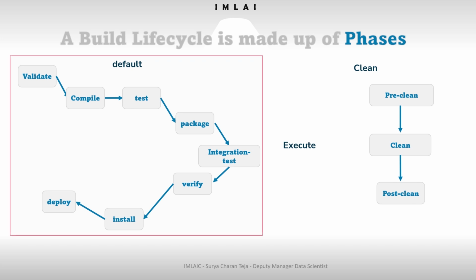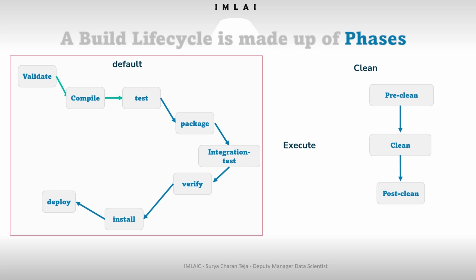So once the validation is done, then it goes to compile. It compiles the source code of the project and converts that into byte code. Then once it's converted into byte code, it will go for the test.